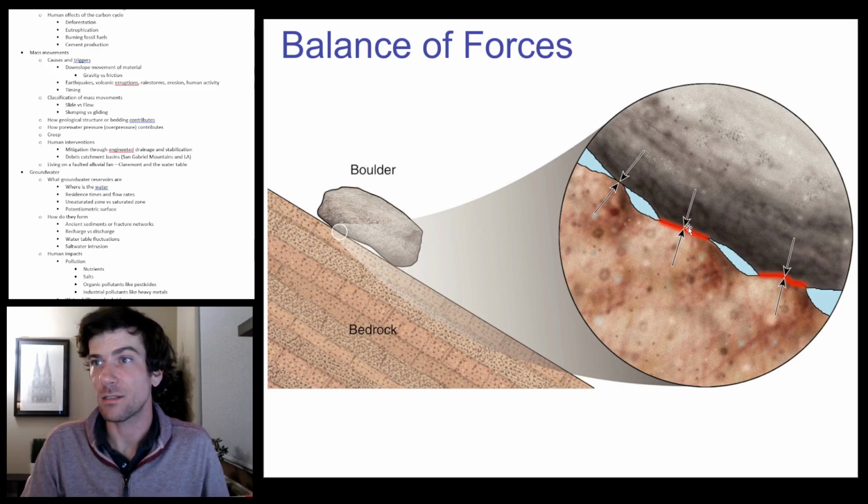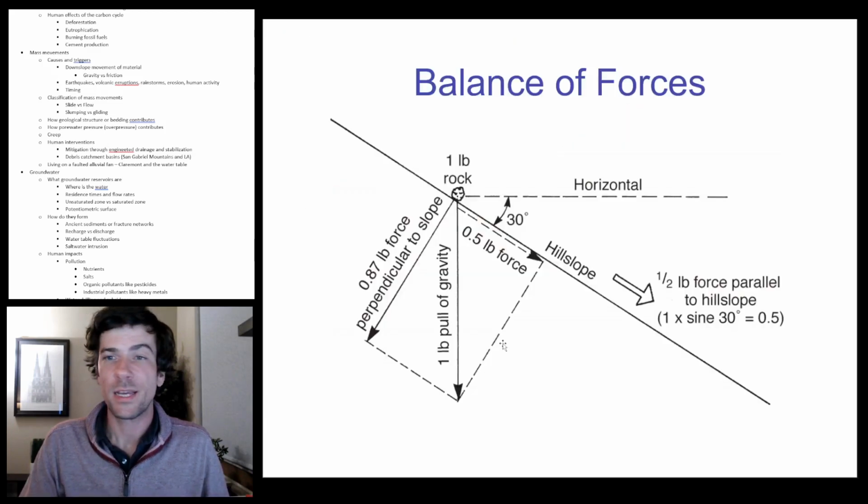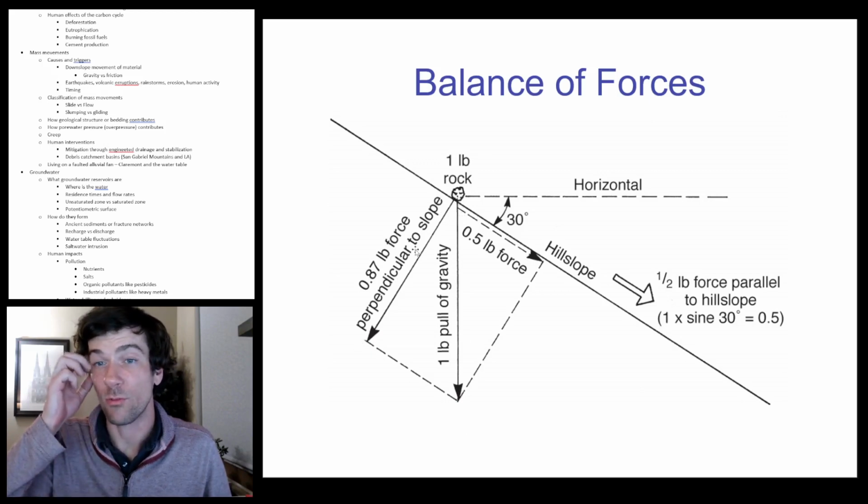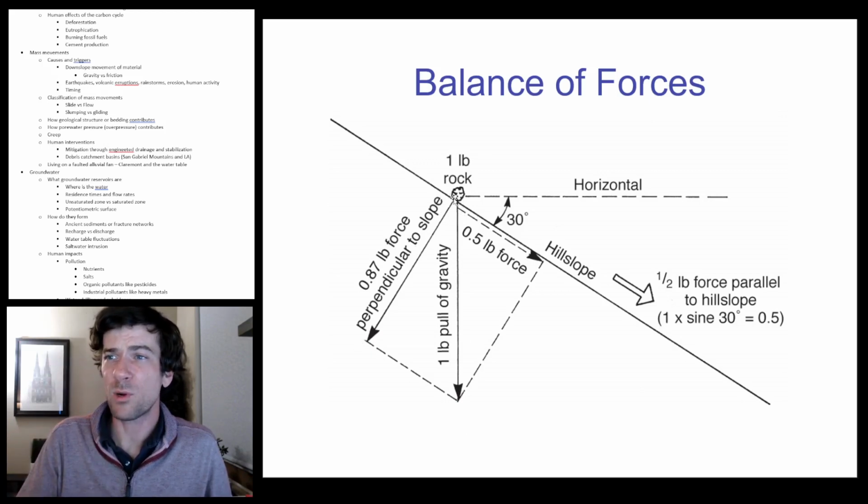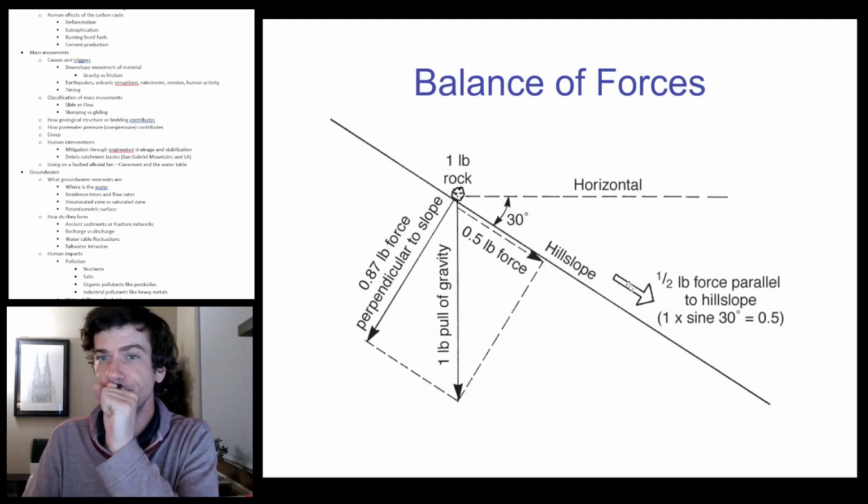In this case, these small contact points, and there's friction on that surface, right? But if the topography is sloped, gravity is pushing downward, which means that some component of it is pushing perpendicular to the slope. We'd call that normal force. And some component of it is actually pushing downhill, right?